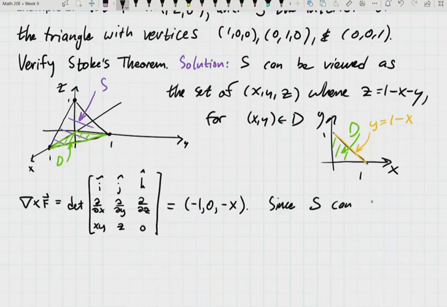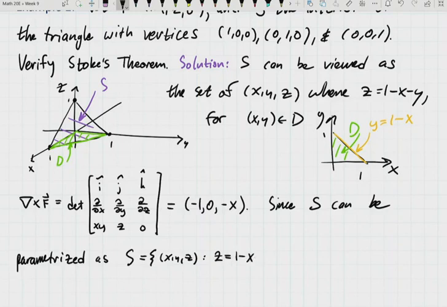Since S can be parametrized as the set of (x, y, z), where z is equal to 1 minus x minus y. In fact, sorry, let me write this a little bit differently. My surface is messing up.